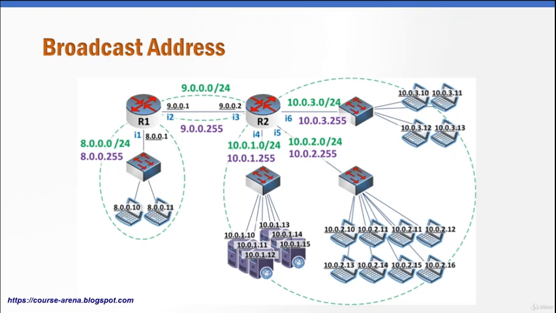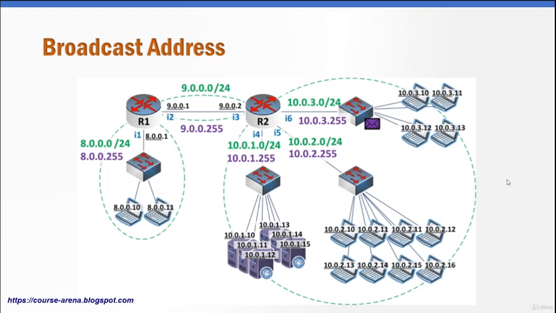Let's look at an example. Let's say that this laptop sends a broadcast packet with source address, its own address, 10.0.3.12, and destination IP address is going to be our broadcast address for this subnet, which is 10.0.3.255. Once this laptop sends its broadcast packet, it's going to end up on the switch.